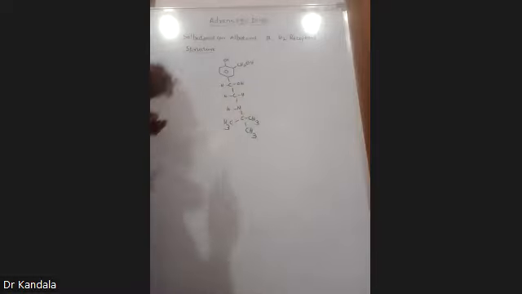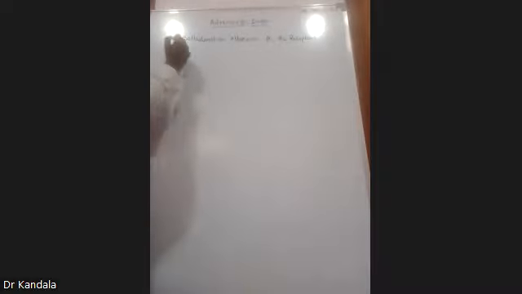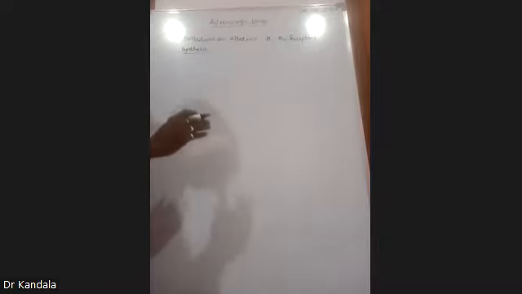Now we'll see the synthesis, how salbutamol is synthesized. Now see the different reactions for the preparation of salbutamol. Synthesis. Please note down. It is prepared from para-hydroxy acetophenone. I'm writing the structure.